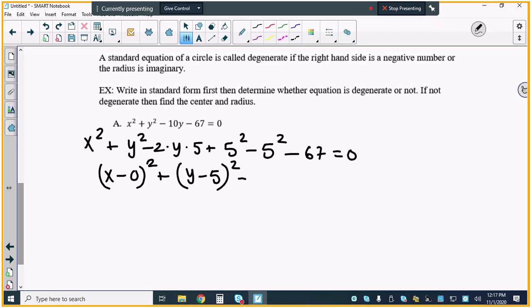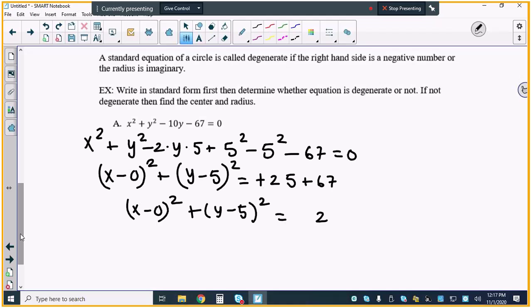Then you have −25. You take it to the other side, so that's a positive 25 and positive 67. So (x − 0)² + (y − 5)² equals 92, since 7 plus 5 is 12, 2 plus 1 is 3, plus 6 is 9, which you can write as (√92)².